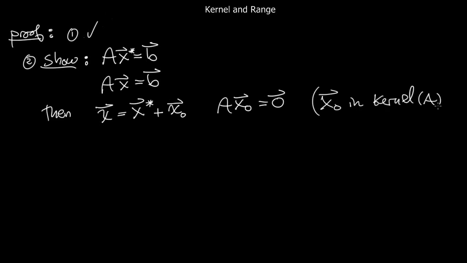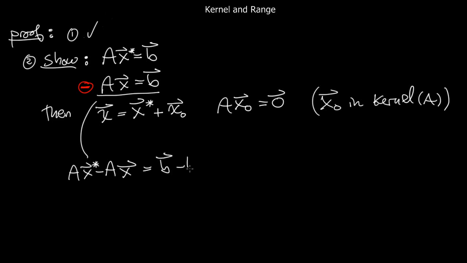If you take these two equations, Ax star is equal to b and Ax is equal to b, and subtract them, then what you get is that Ax star minus Ax on the left-hand side is equal to, well, the right-hand side is b minus b, which is 0.